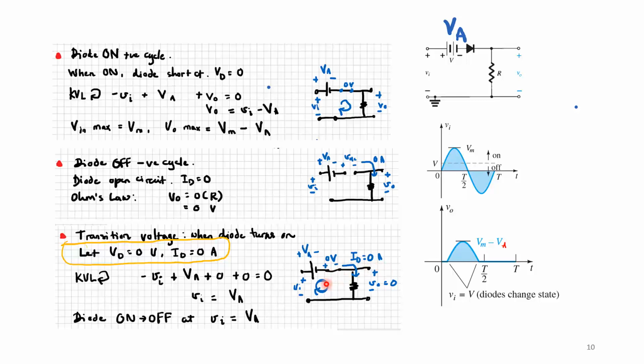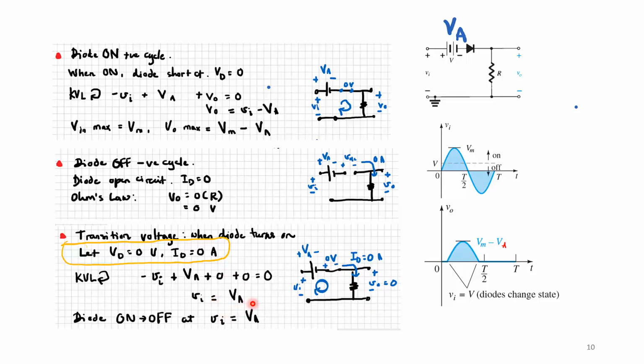The reason we're doing this is because we want to find an expression for V in that tells us when the diode changes state from conducting to non-conducting. When I let this value in and do a KVL, I get negative V in plus VA plus 0 volts from the diode plus 0 volts from the resistor equals 0. I get V in is equal to VA.